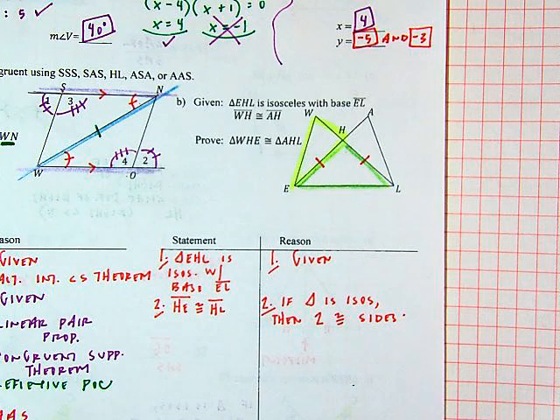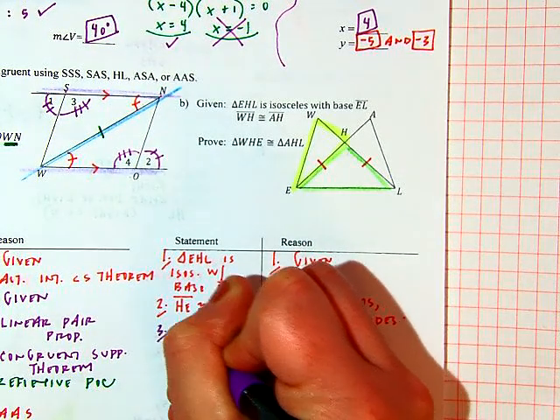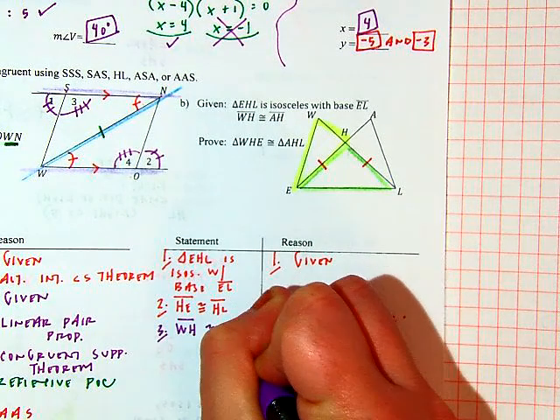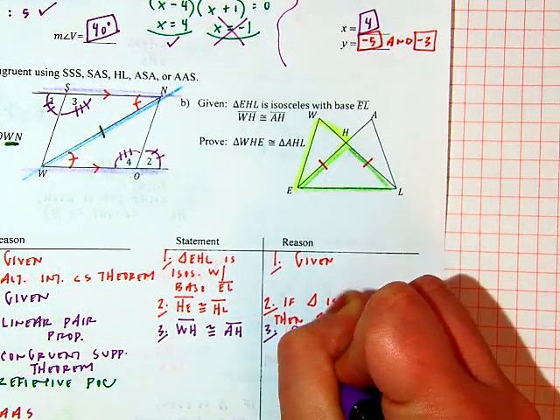Okay, then we have another given. So I'll tuck it in right here. WH is congruent to AH. Given.